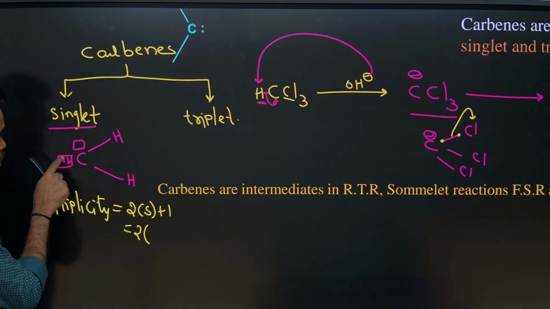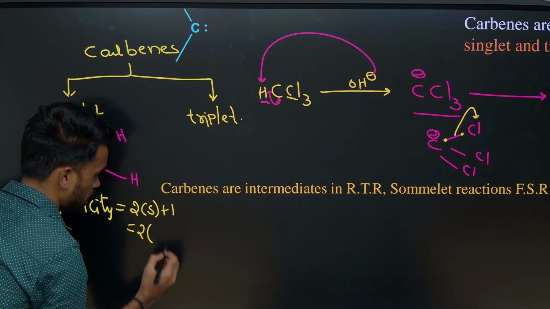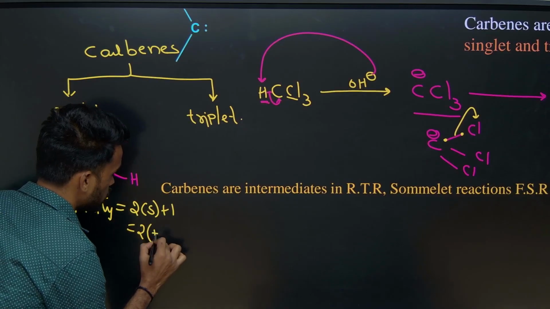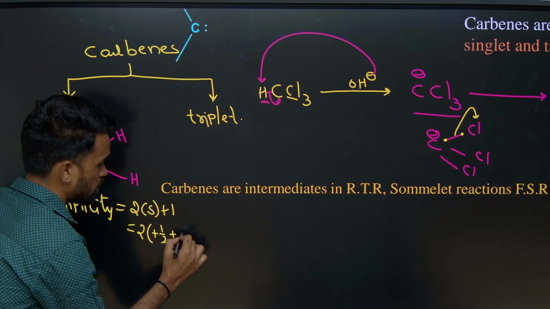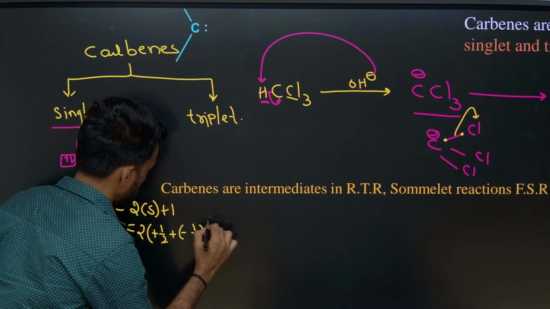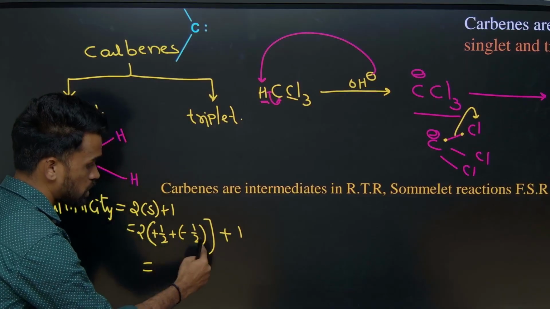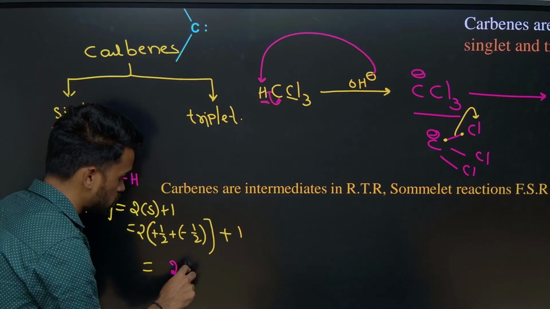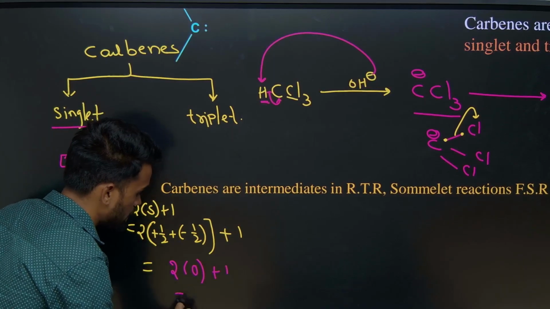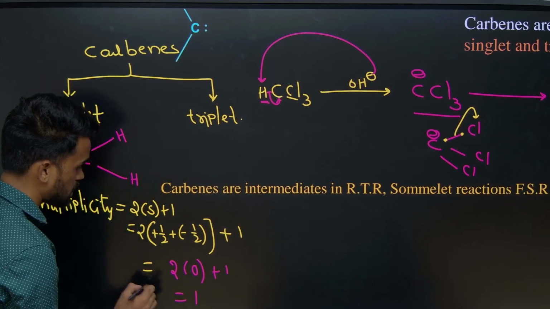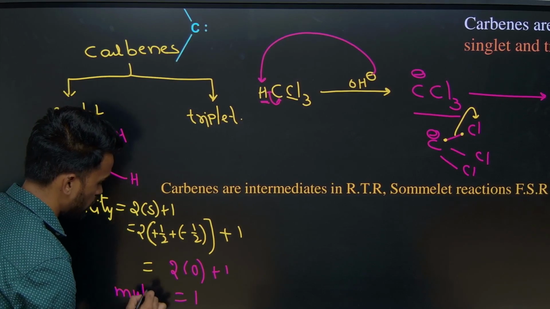Since these electrons have opposite spins, one is plus half and the other is minus half, so the total spin is 0. The multiplicity is 2 into 0 plus 1, which gives 1. So the multiplicity is 1.